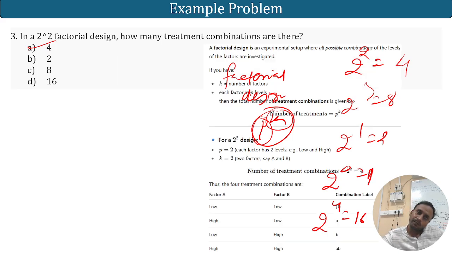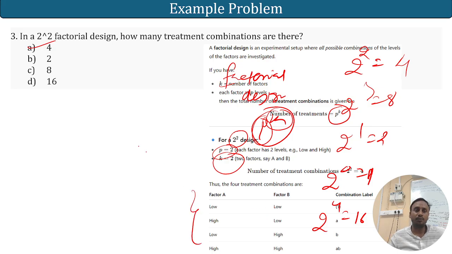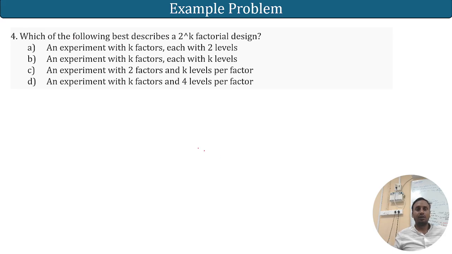Yes, correct, sir. So we can see here P by K, where K is the number of factors and P is the number of levels. So it is going to be 4. Which of the following best describes the 2 to the power k design?